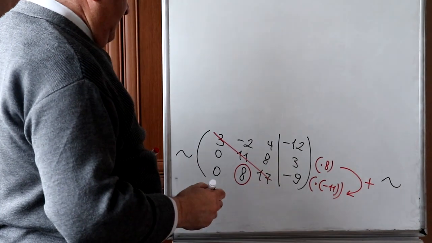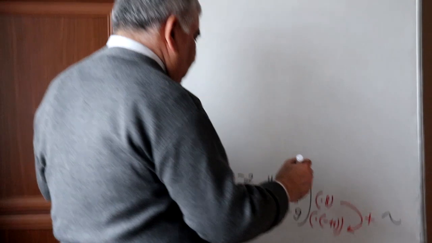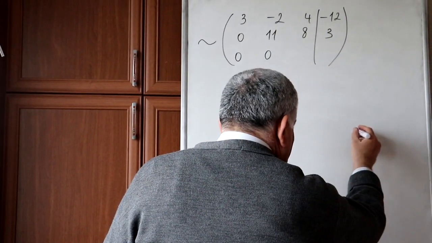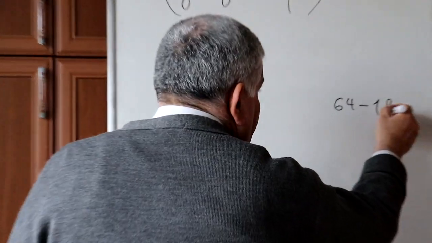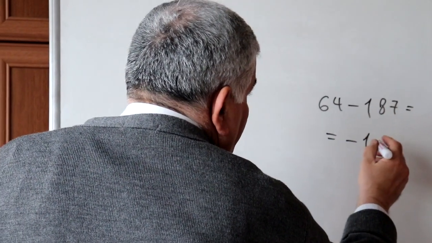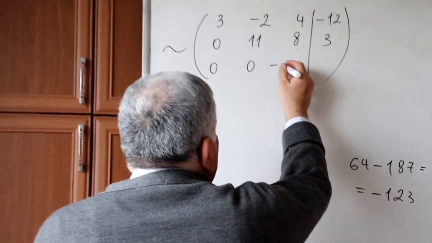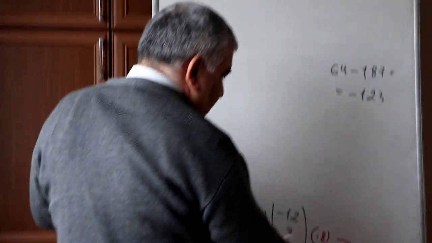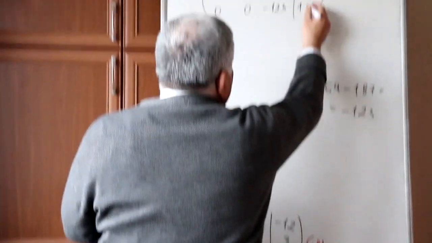Then we must find the value: 64 minus 187, minus 123; then 99 plus 24 is 123.